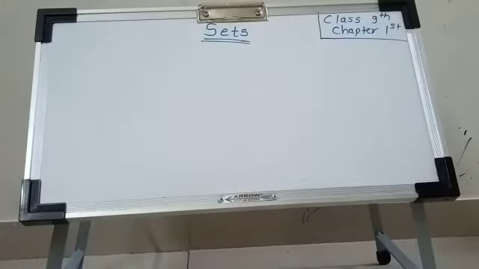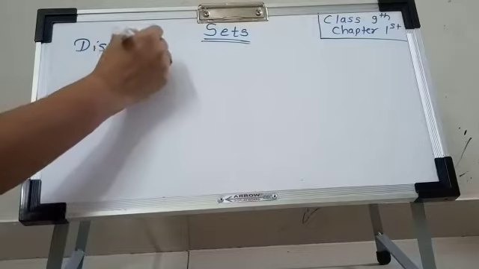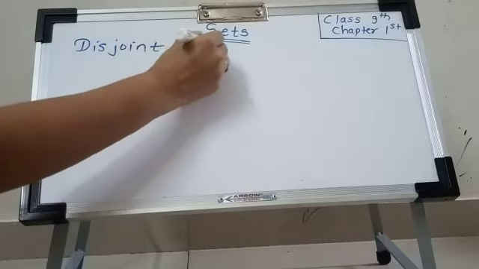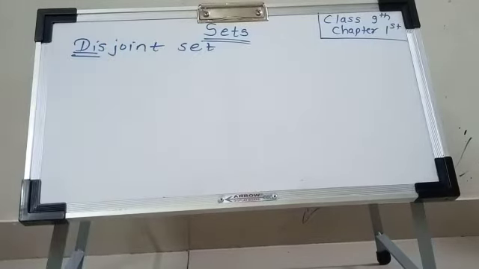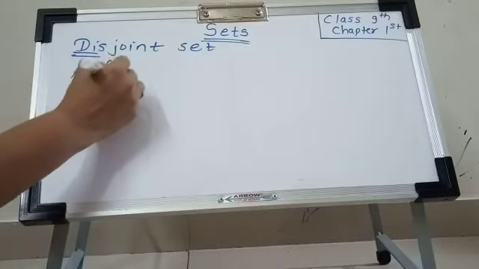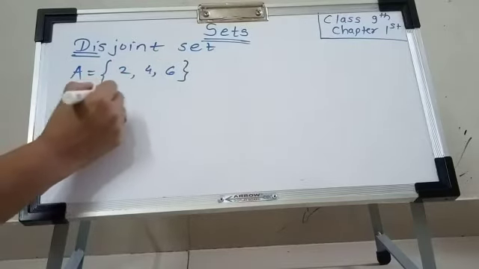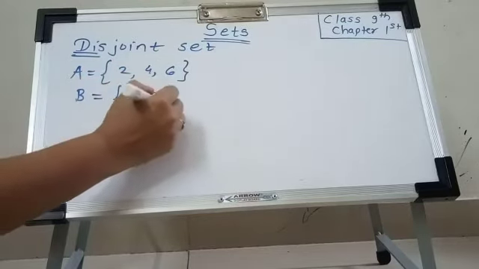One type of set remains: the disjoint set. What is meant by a disjoint set? Dis means different. Suppose A is the set {2, 4, 6} and B is the set {1, 3, 5}.